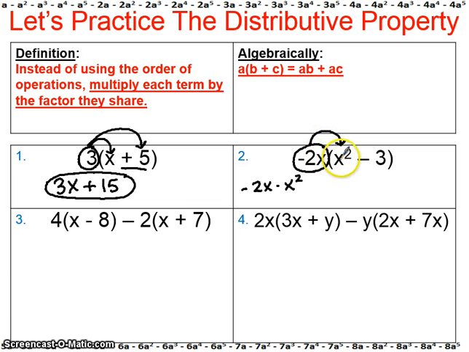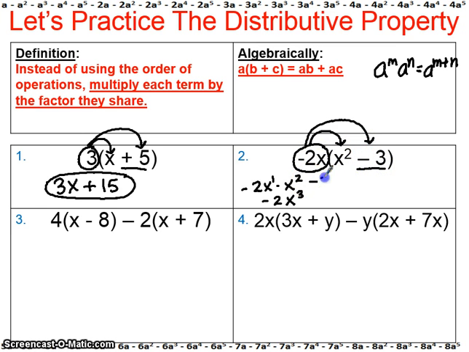X times x squared. That's the same as x to the first times x to the second, and we learned that a to the m times a to the n is equal to the addition of those exponents. So this is the same as negative 2x to the third, because there are 3 x's being multiplied. Now we also have to multiply negative 2x by negative 3.